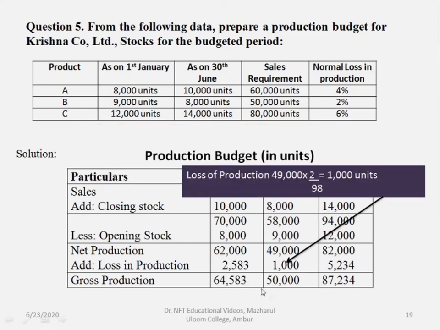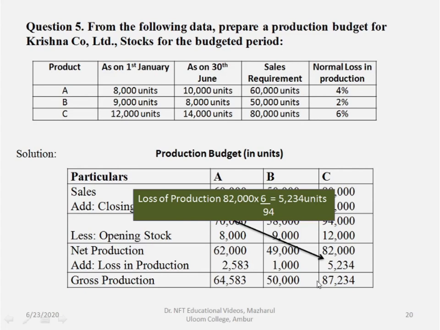Similarly, you have to compute for product B. For product B, 2%. So loss of production: net production is 49,000 into 2 by 98, which is 1,000 units. Recorded 1,000 units, and to 49,000 you add 1,000 units, you get the gross production.